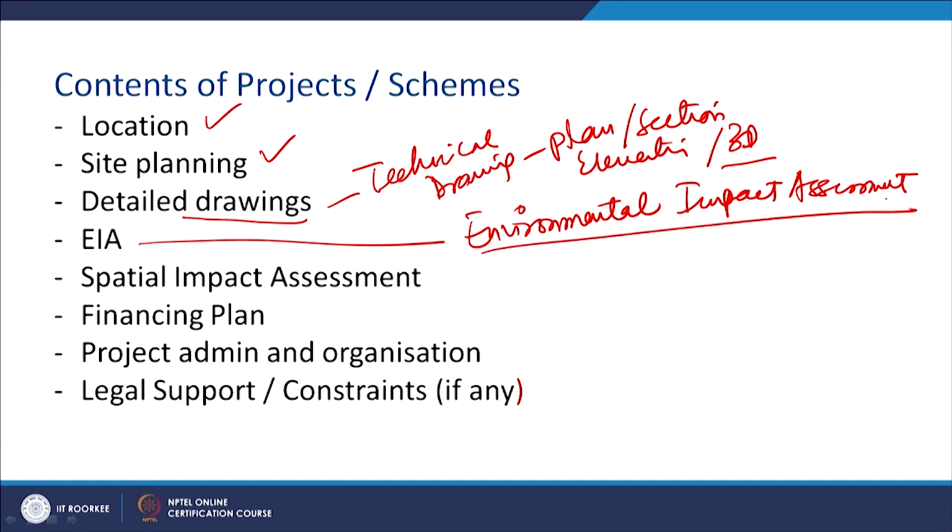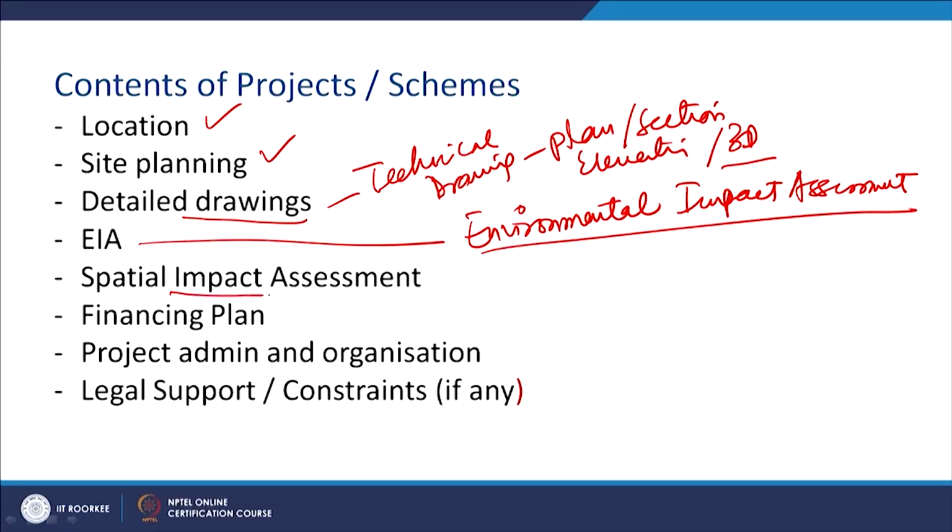This is also a very important task when you deal with a very big project, for example, a very large flyover, a very large dam or a very large riverfront development. All these need environmental impact assessment as per the current law.